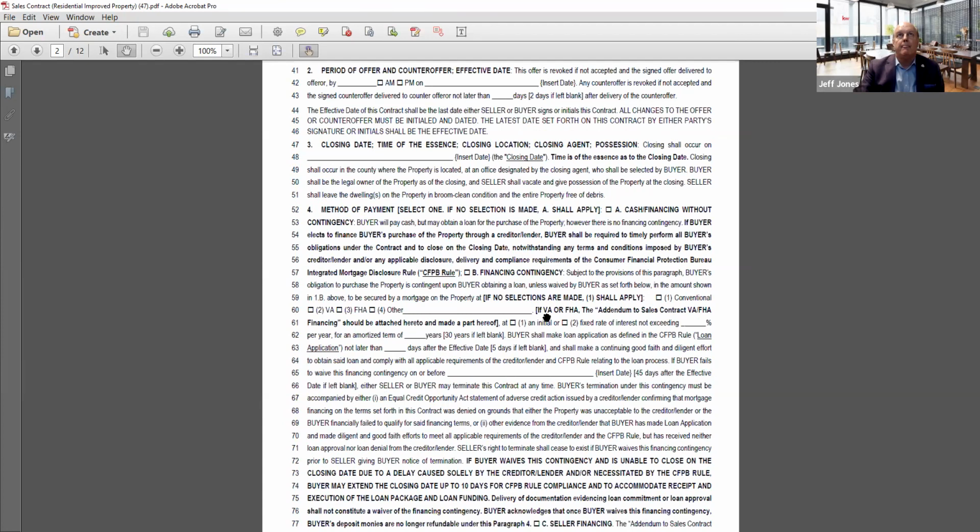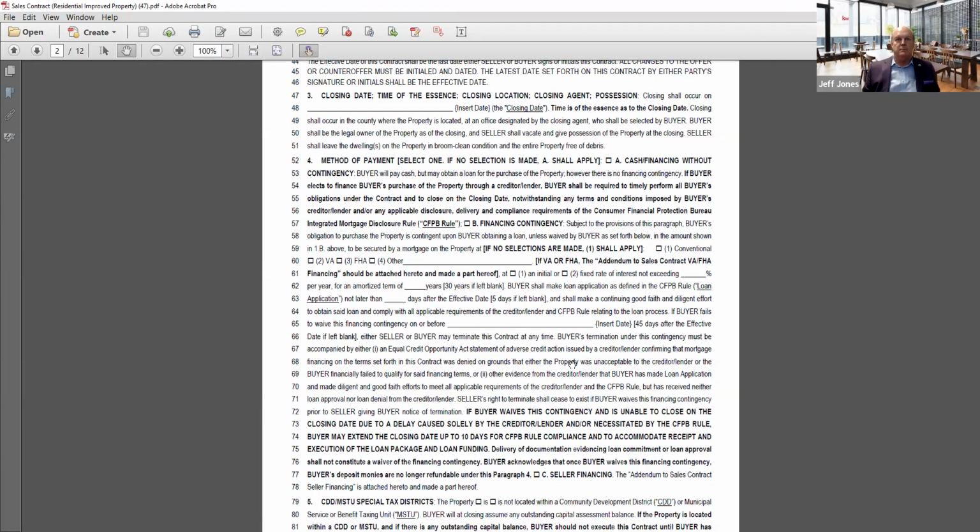So to finish up the financing contingency part of this, there's a few things that can go wrong here. The lender just isn't ready to close. And some of your major lenders that are busy right now, they may not be able to meet your buyer's closing date.